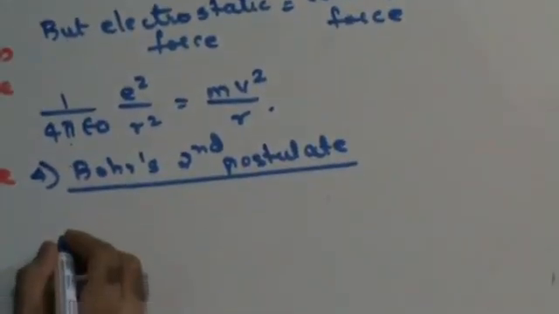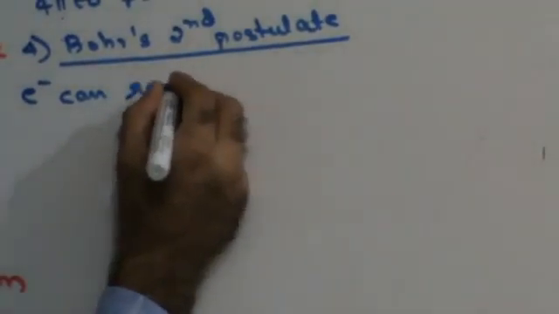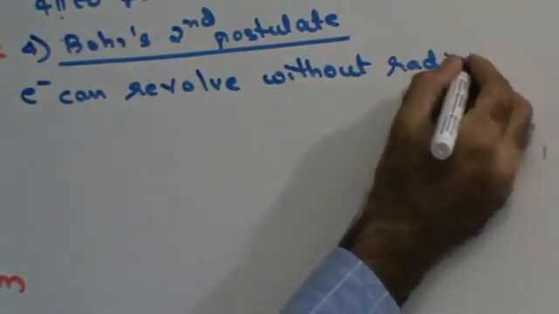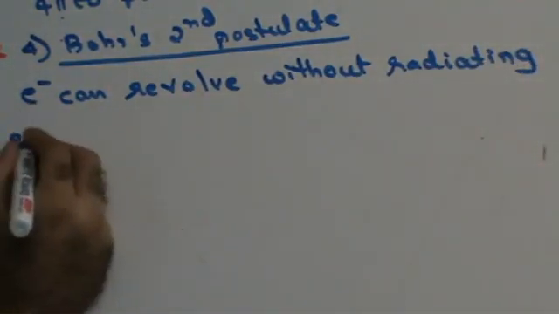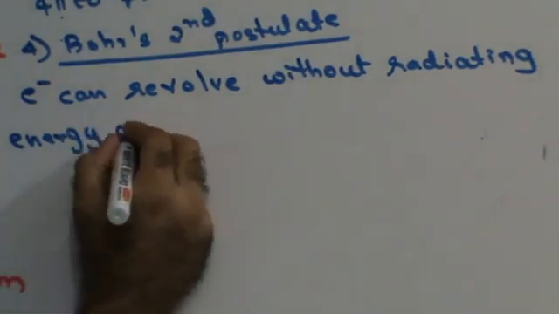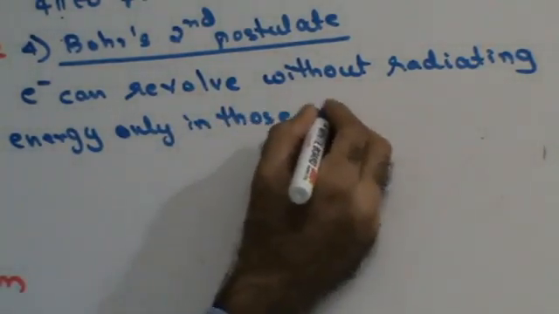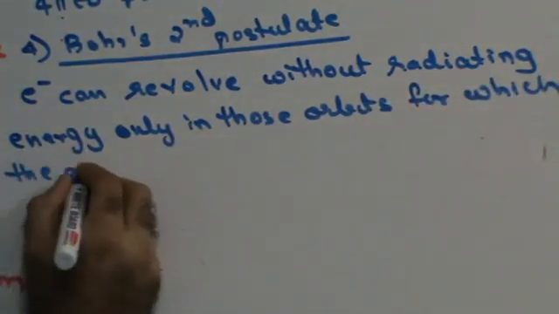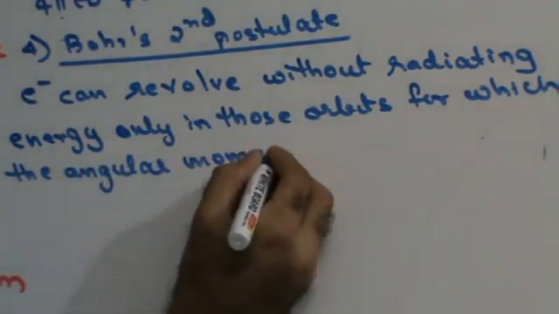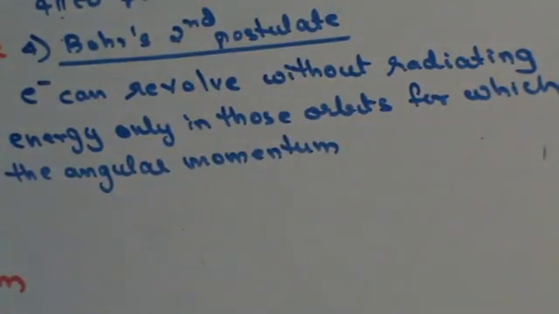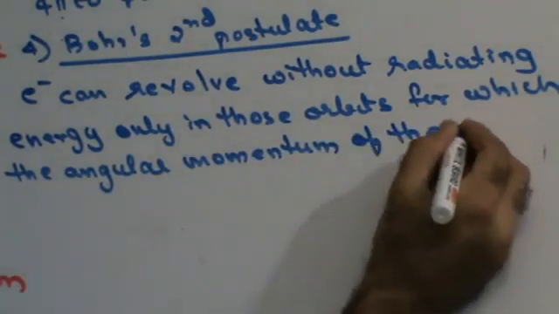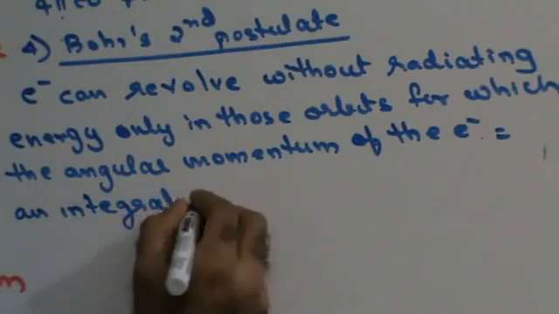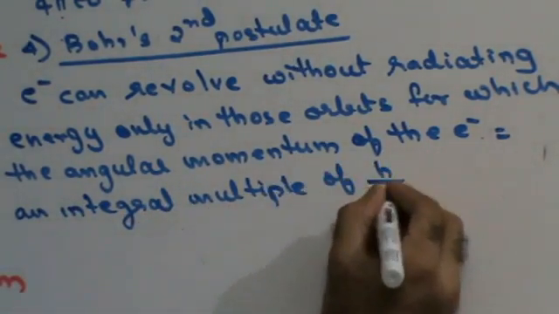So I can say that the electron can revolve without radiating energy only in those orbits for which the angular momentum of the electron is equal to an integral multiple of h by 2 pi.